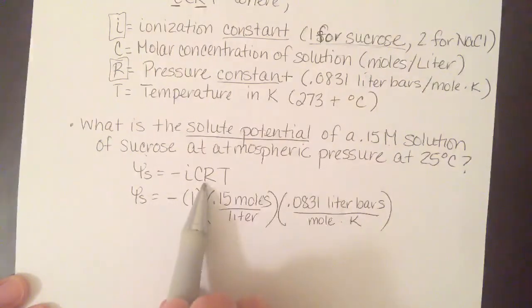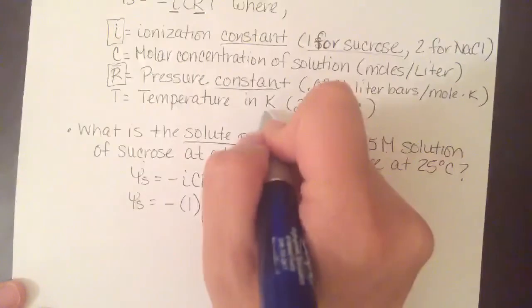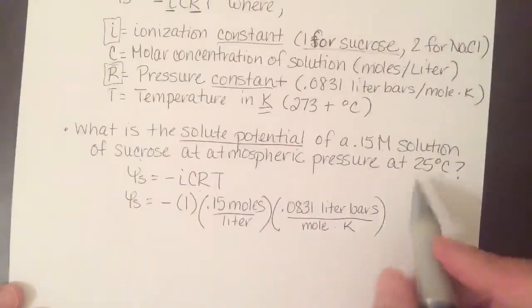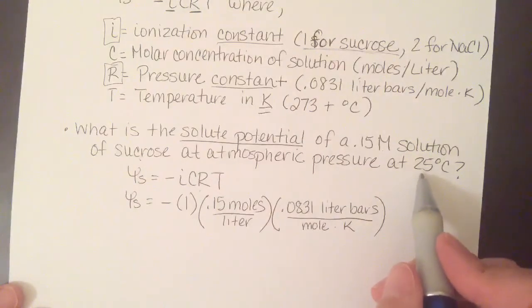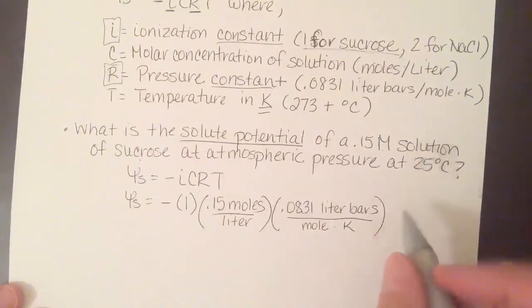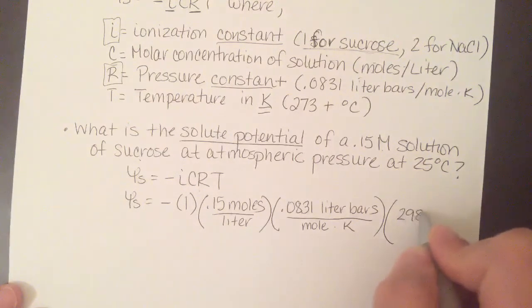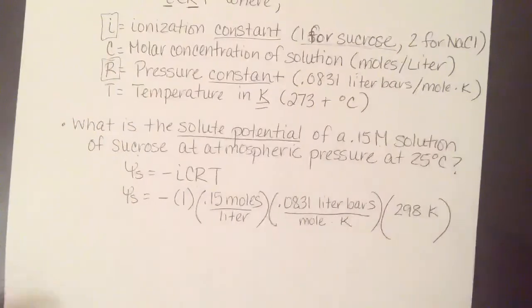So that's my R. And then T is, remember, the temperature in Kelvin. I gave it to you as 25 degrees Celsius, so we have to add 273 to that. So 273 plus 25 gives us 298 K. All right, so that's what I have.